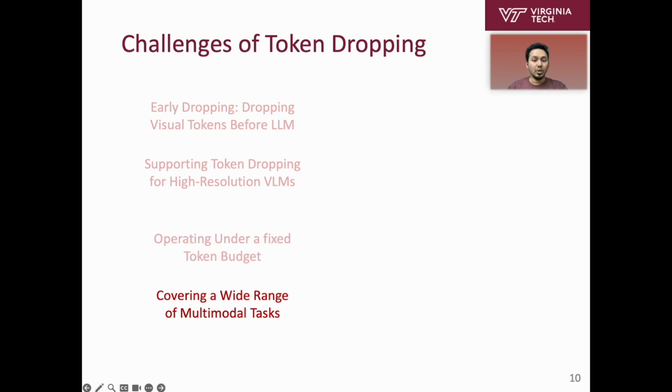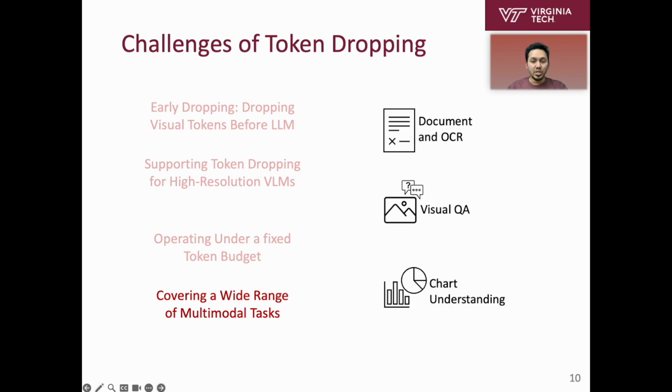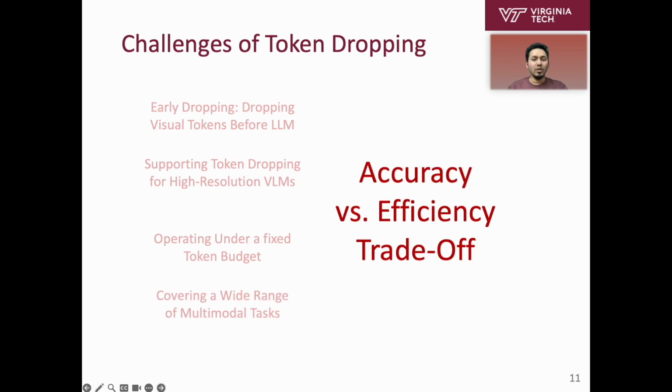And finally, besides operating within a token budget, ensuring wide adaptability also requires a design capable of supporting a wide range of tasks, such as document understanding, visual question answering, and chart analysis. Overall, the main challenge in a token dropping strategy is the trade-off between accuracy and efficiency.